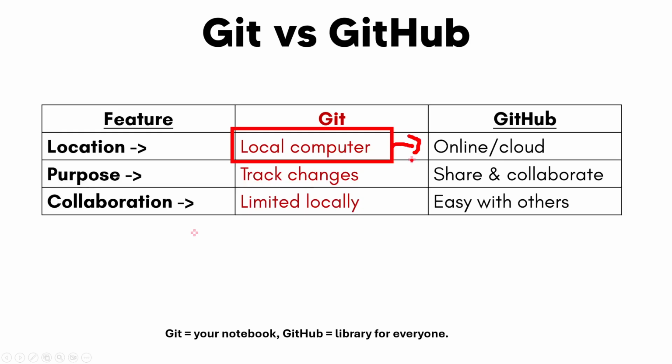You can store them online, and then you can be changing them locally and be updating it online. So GitHub gives you that offer, right? So in that case, GitHub is an online or a cloud space where you can put your local files that you have on your PC, can upload them to GitHub, and that's it. And you can download it anytime you want, right? Even after years. And again, Git allows track changing.